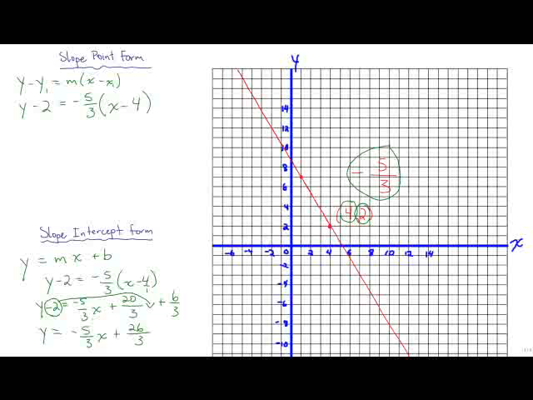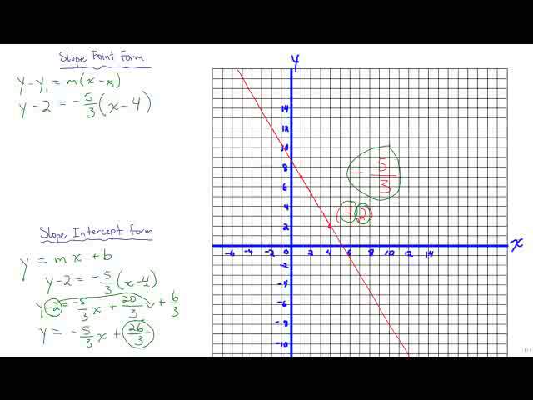Remembering back to our slope-intercept lessons, we know that 26/3 is the y-intercept, so that is where the line crosses the vertical line, or the y-axis.